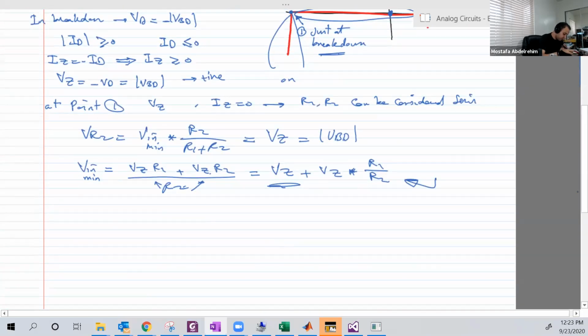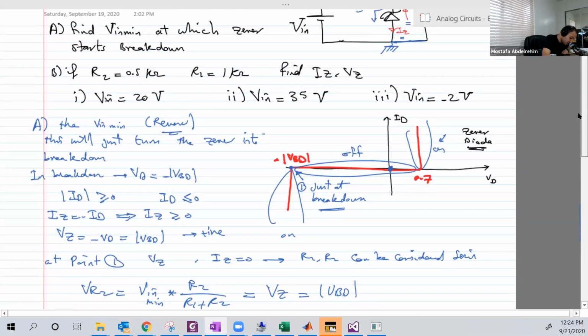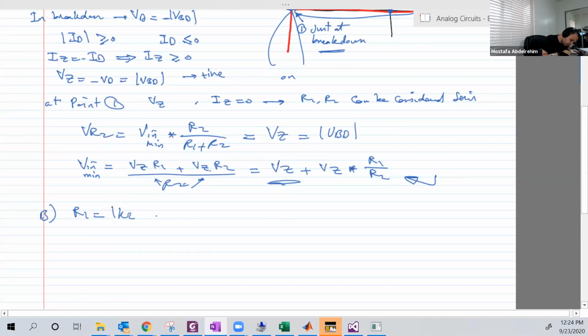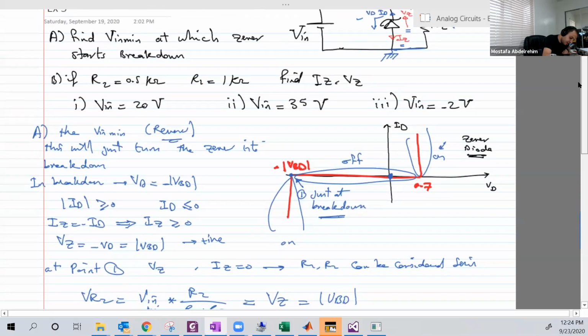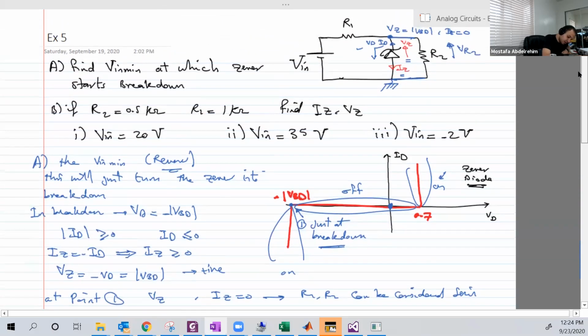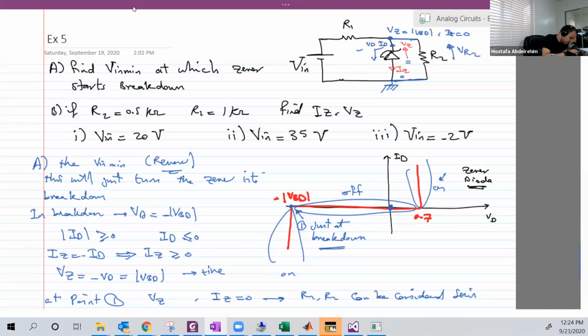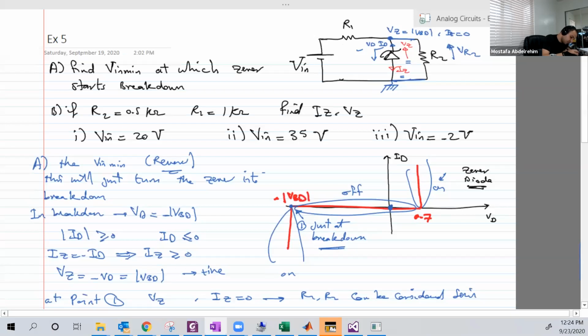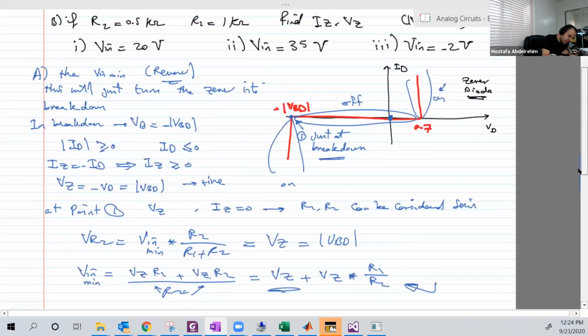Okay, so let's do B. R1 is 1 kilo ohm, R2 is half kilo ohms, and V Zener is 10, by the way. V breakdown is 10.